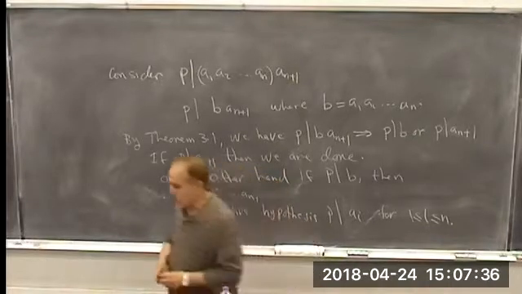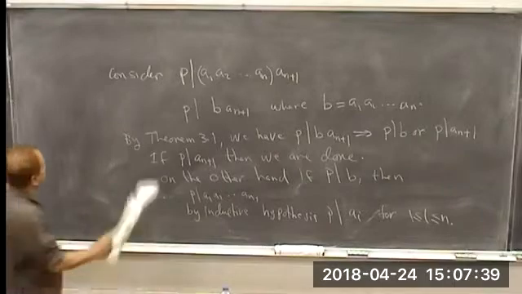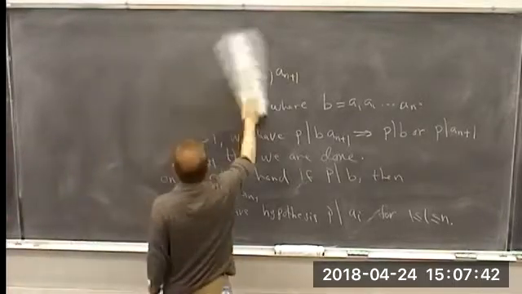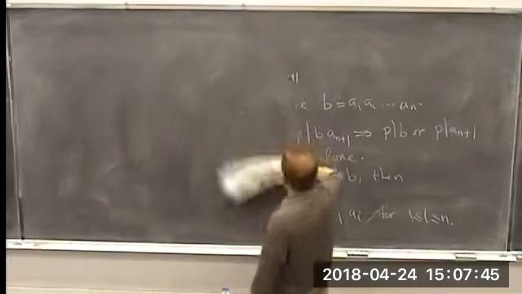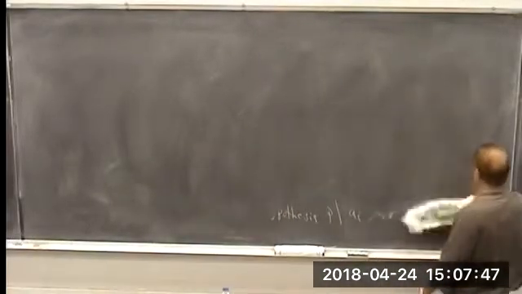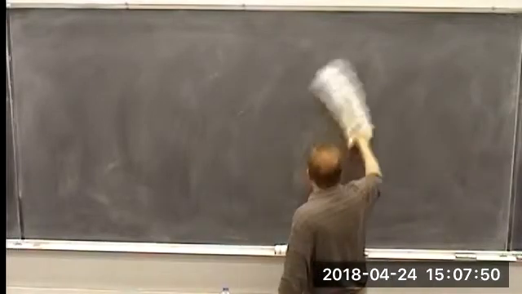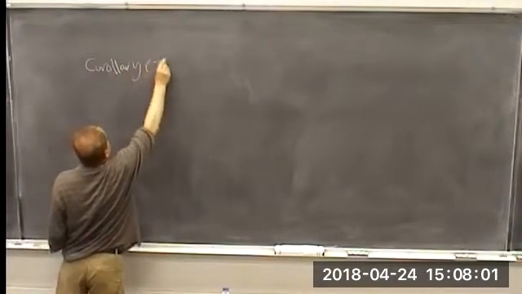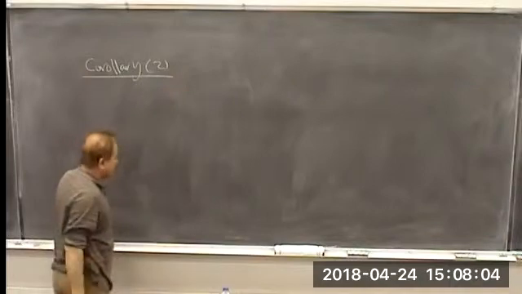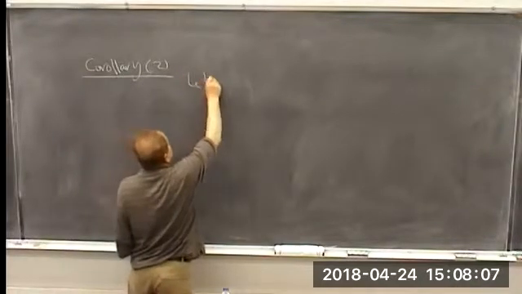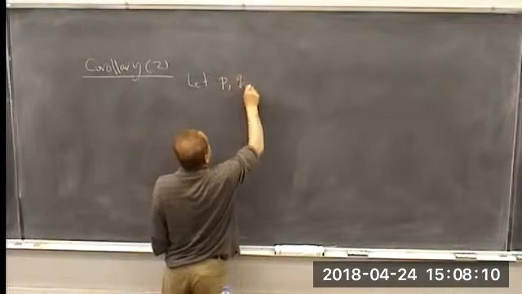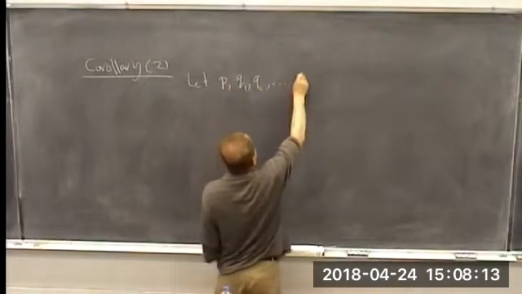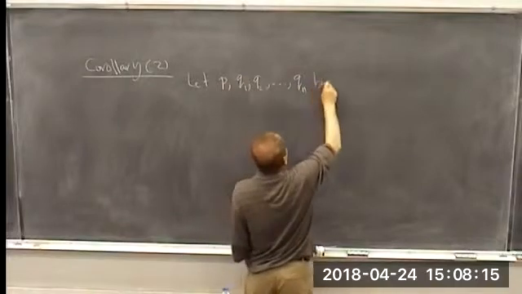Let's move to another corollary, also of significant use. This deals with the case where those A's happen to be primes themselves, and P divides a product of primes. What can we say? So this is a corollary. Let P, Q1, Q2, up to Qn be primes.